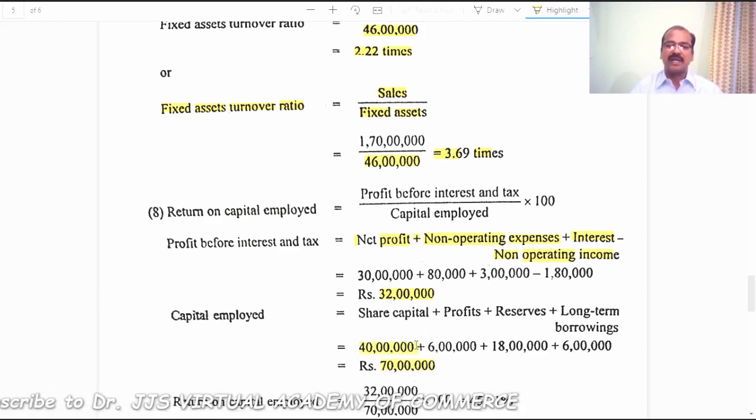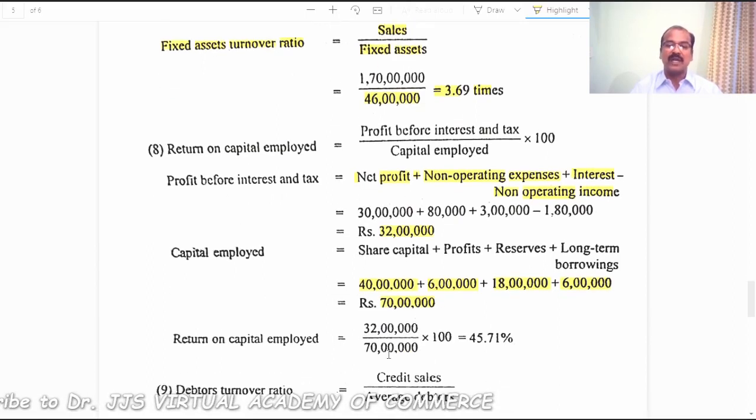Share capital 40 lakhs, profit 6 lakhs, reserves 18 lakhs, put together gives you shareholders funds. You add 6 lakh rupees of long-term funds, with that you get the total of 70 lakhs as the capital employed. So 32 lakhs divided by 70 lakhs into 100, it gives you the answer of 45.71% as a return on capital employed.